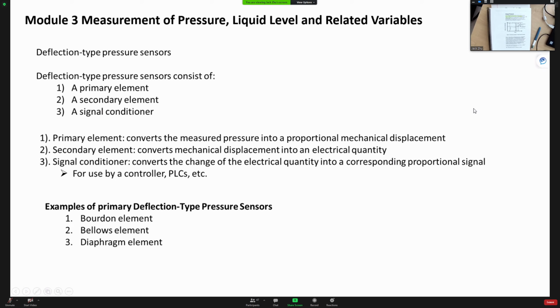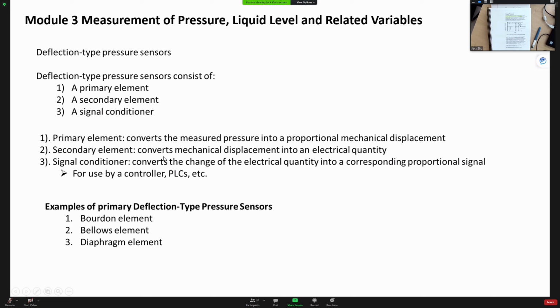So we use the pressure inside, maybe the pipe or the container, to cause something to move. Depending on the movement or displacement, we know how much pressure is in there. So the pressure will cause proportional movement of maybe a plate or anything.